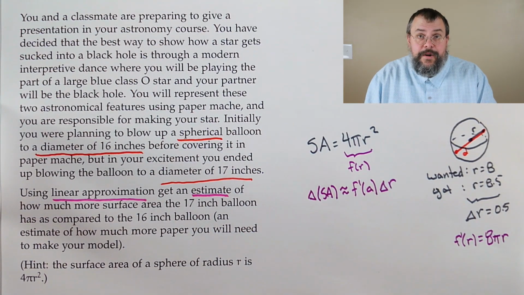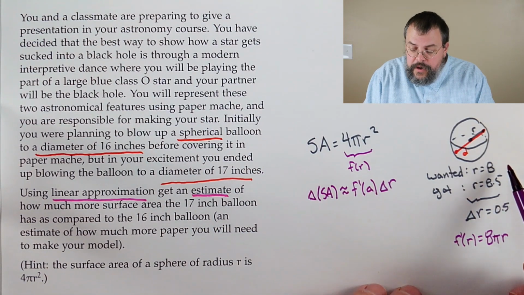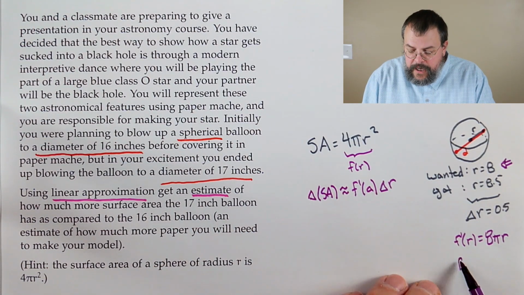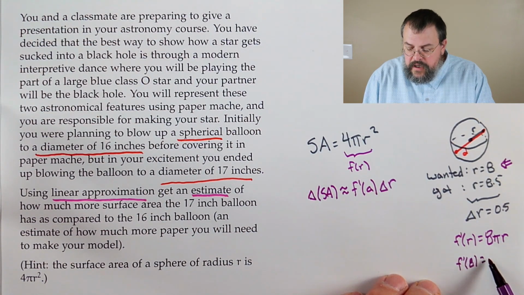Now, what point are we interested in? Well, we go based off of where we wanted to go. That was sort of our ideal situation. That's what we should have done. So f prime of 8 would be 8 pi times 8, which is 64 pi.